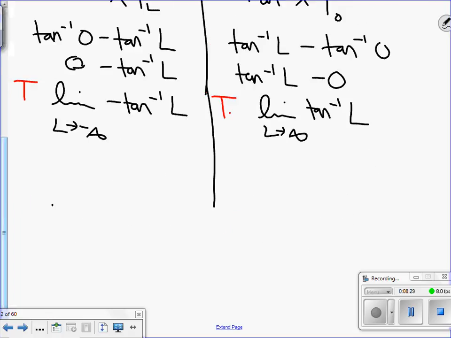Now let's think about what this is asking. Let's do that one first because it's positive. What is the angle of tangent approaching infinity? Think about your tan graph between negative pi over 2 and positive pi over 2.